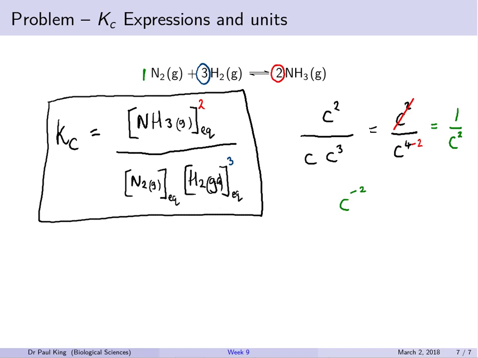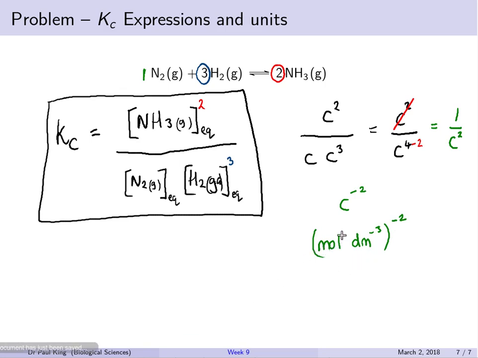Now, if we assume, like we've done before, that our concentration units are moles per decimeter cubed, what we have to do is to raise that concentration term to the power of minus 2, which gives us the following.